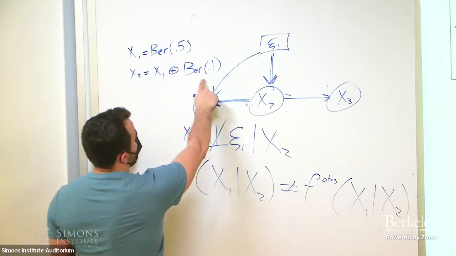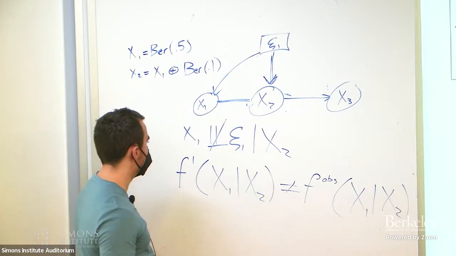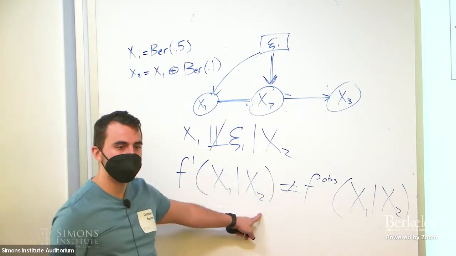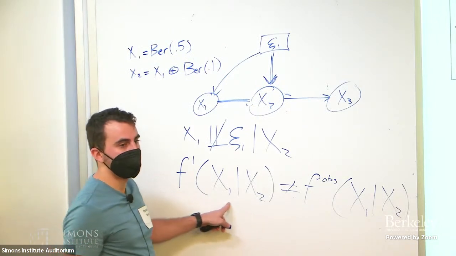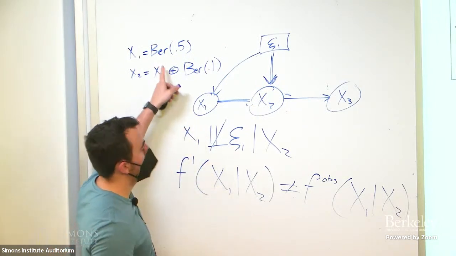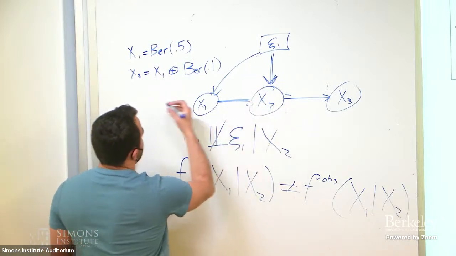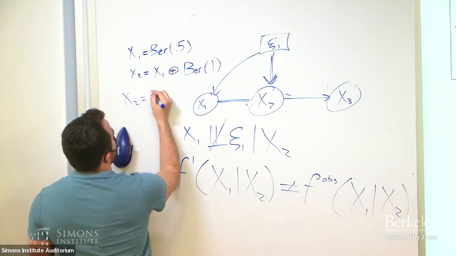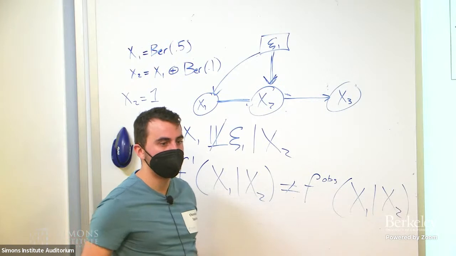So in general, x2 tells you some information about x1, right? So the distribution of x1 given x2 could be given to you by Bayes' rule. And you'd have higher probability of x1 equaling 1 whenever x2 equals 1. But then if I come in and I intervene on x2 and I say, okay, x2 is always equal to 1, now it doesn't tell you anything about x1.